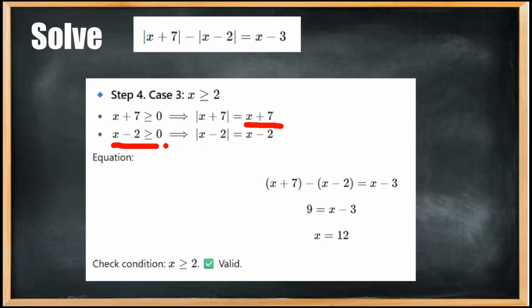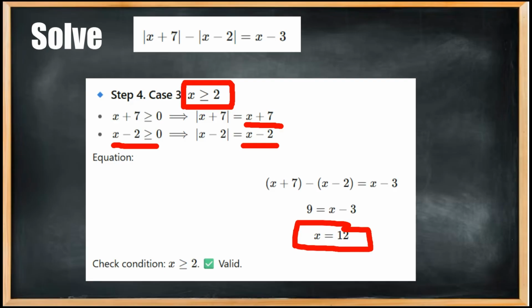This is greater than or equal to 0. So the absolute value will retain the sign. So when you put these values and solve this, x comes as 12. And 12 is greater than or equal to 2. 12 is definitely greater than 2. So this is a valid value. Hence, the solution of this is x equal to 12.